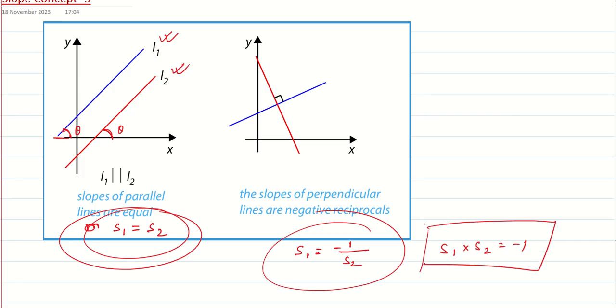When they are perpendicular to each other, which means the angle is 90 degrees to each other, both lines, right? But what happens here? This is parallel. The two lines are parallel, slopes must be equal. If the two lines are perpendicular to each other, the product of the slopes must be minus 1.